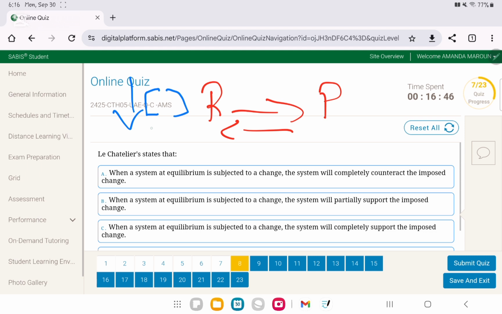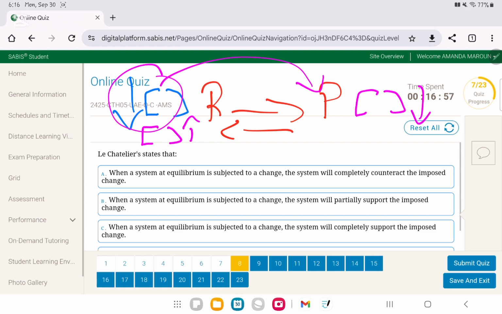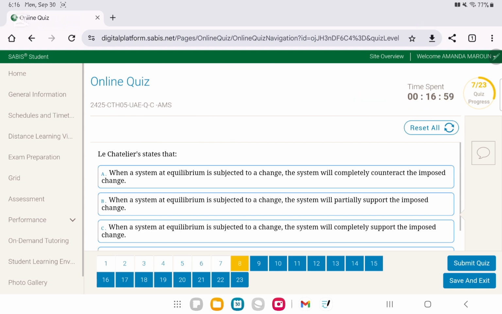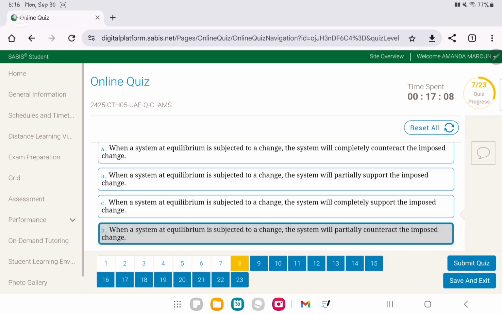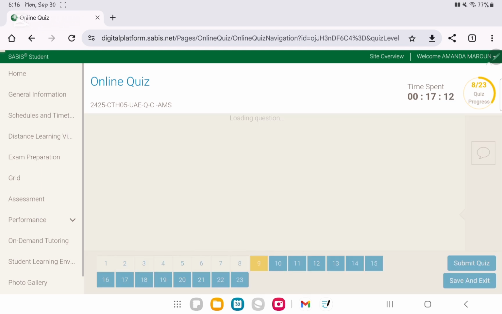So if the reactants do the opposite, it will increase in concentration. And so then, what will follow the change that we put? The other side, which is the product. So the concentration of the product will decrease. That means when a system is at equilibrium, it is subjected to a change, the system will partially counteract the imposed change. Counteract means it will do the opposite.